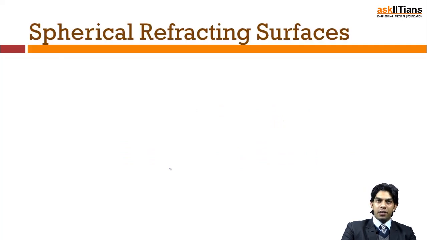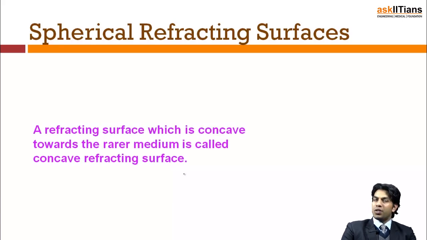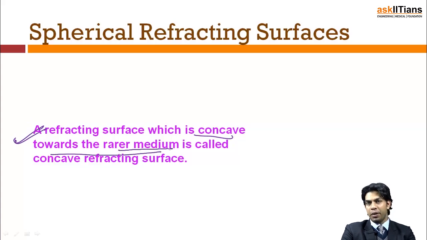Spherical refracting surfaces: first we will get on with how to make them and what they actually look like. A refracting surface which is concave towards the rarer medium is called a concave refracting surface. So that's how they are defined. Mind it, the rarer medium or the denser medium has to be the reference. If it's concave to the rarer medium, it is a concave refracting surface.